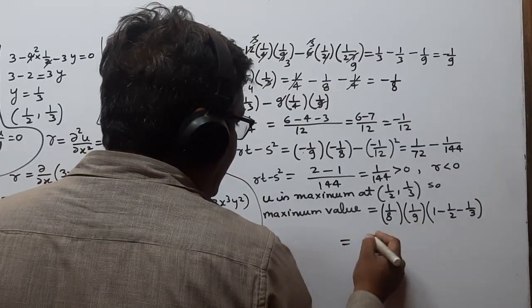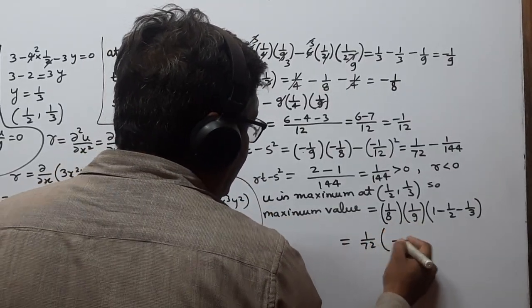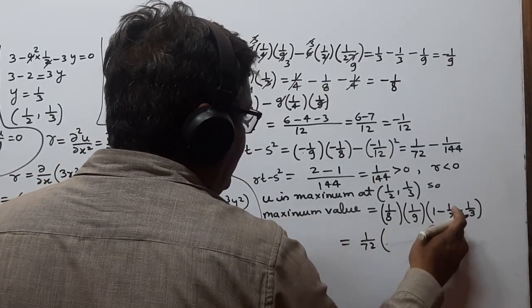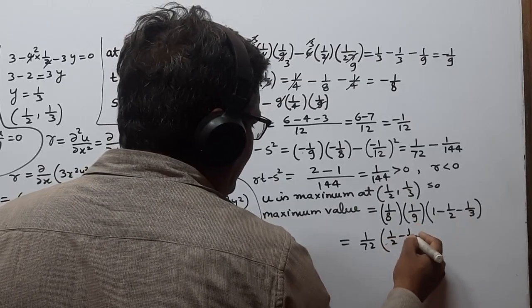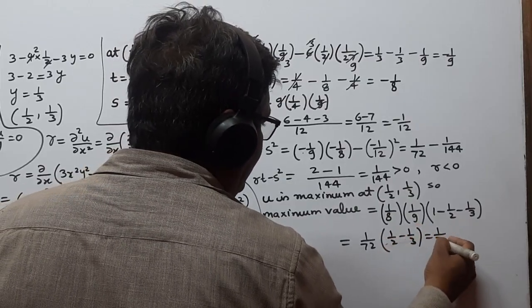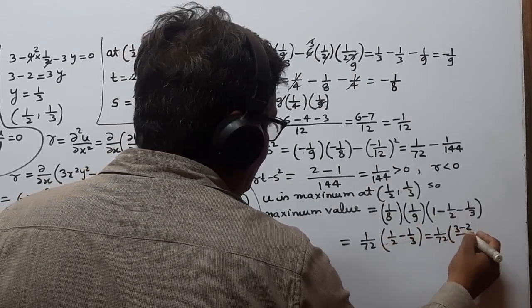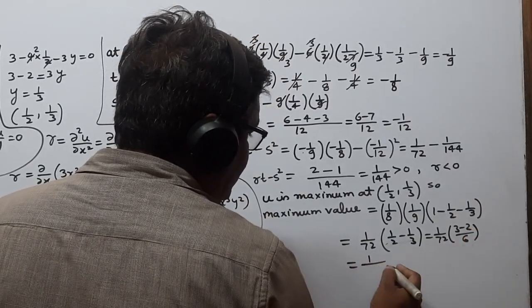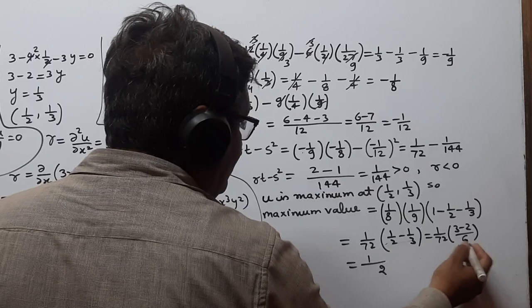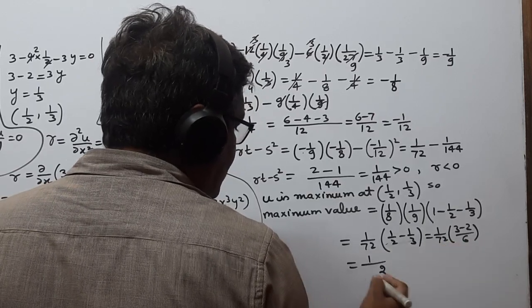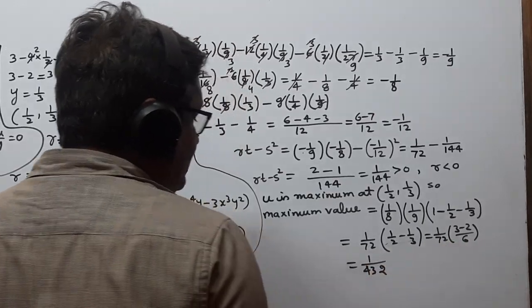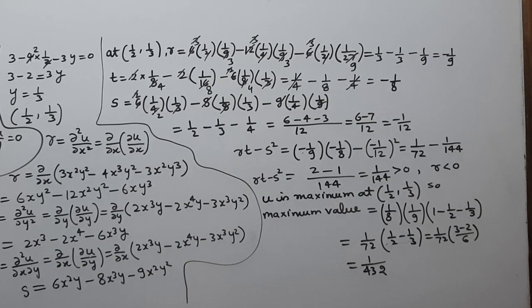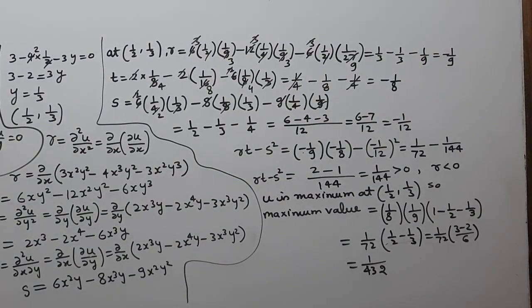So 8 9 is 72, and here we take 1 minus 1 by 2, this is 1 by 2, minus 1 by 3. So this becomes 3 minus 2 upon 6, so this is 1 upon 432. This is the maximum value of the given function.